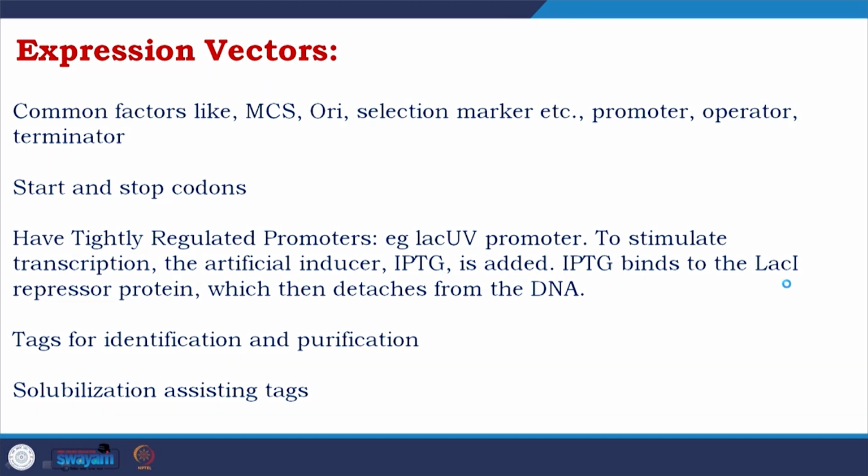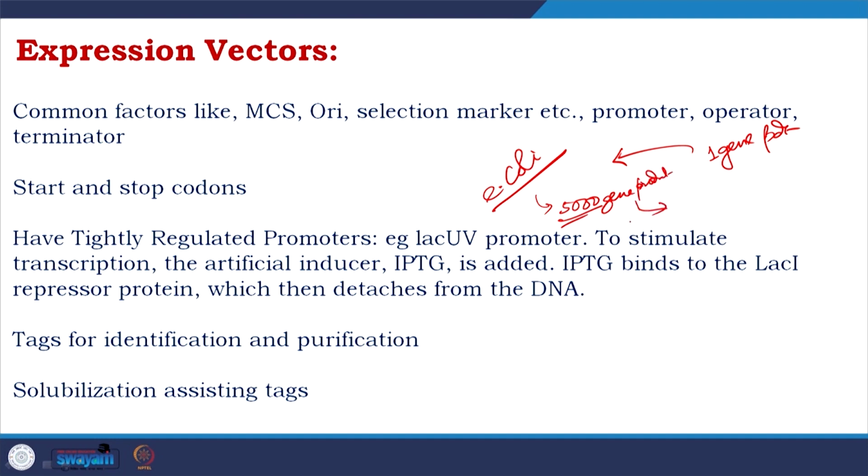That means, see, you are working with one gene product and you want that to be carried out in E. coli, but E. coli has its own 5000 gene products. So, actually with the law of average, your product should come at 1 by 5001 of the total mass of protein produced by E. coli. That could not be economical. So, you have to do something.